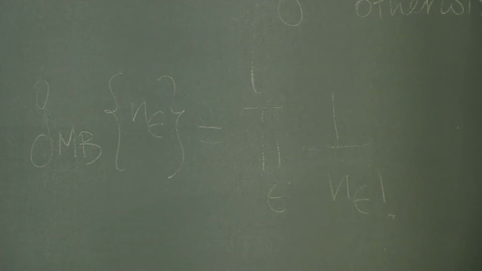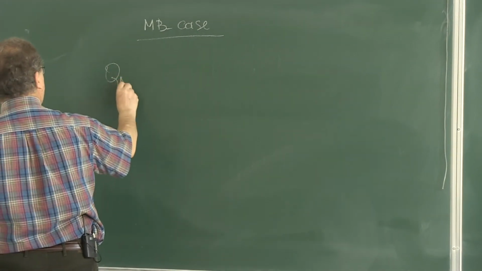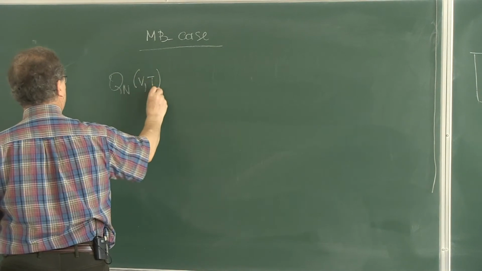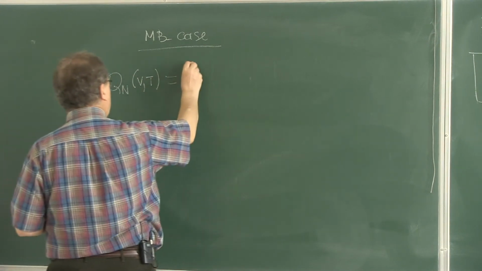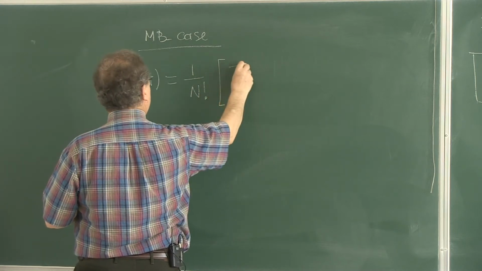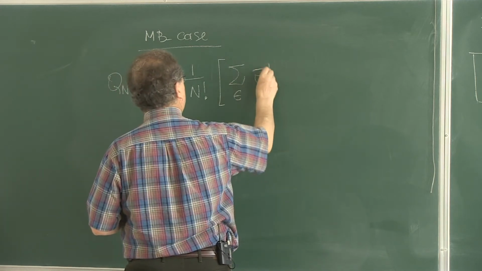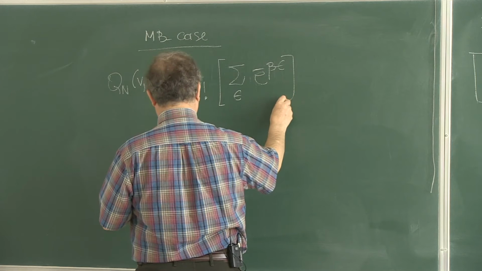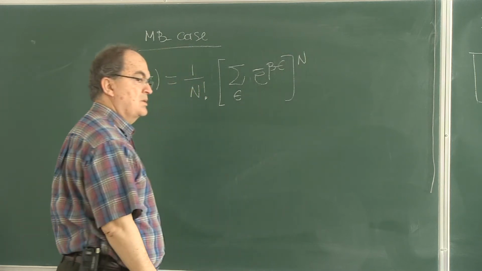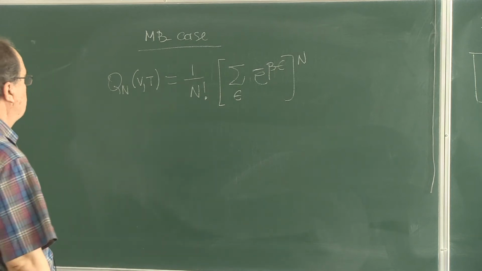In the Maxwell-Boltzmann, classical case, the N particle partition function, we have done this before, can be written as 1 over N factorial sum over all single particle energies, state energies. In other words, individual states are considered to be single particle states.